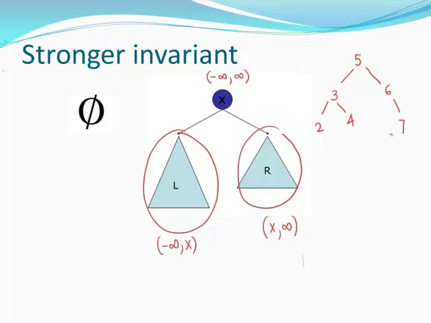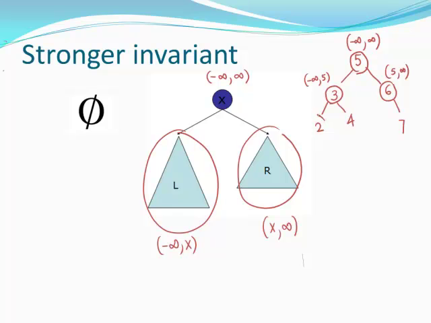So what we are saying is that 5 is between -infinity and infinity. If you take the element 3, that should be between -infinity and 5. And then this should be between 5 and positive infinity. It's greater than 5, less than positive infinity.